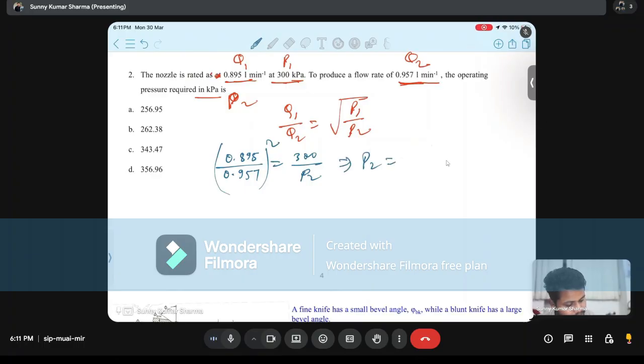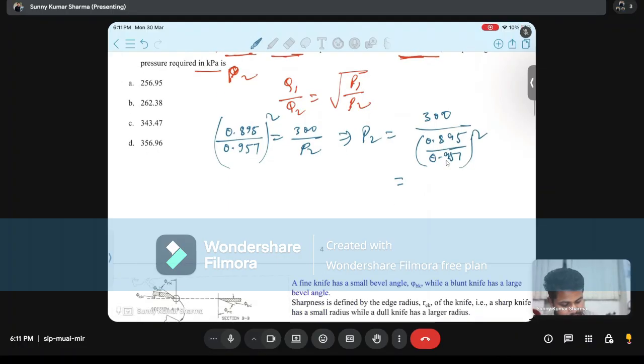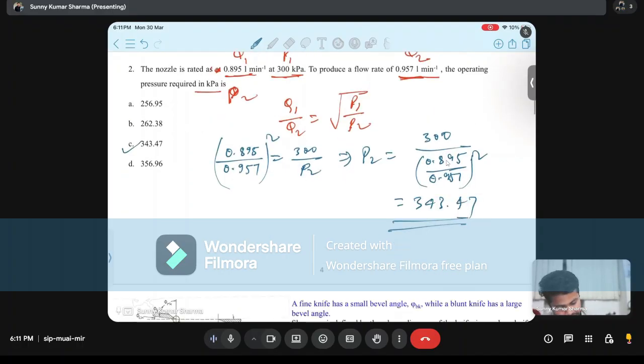So P2 will be, what will be the value for this? 300 by 0.895 by 0.957 squared, and it is coming to 343.47. So for the second question, the answer is C, option 343.